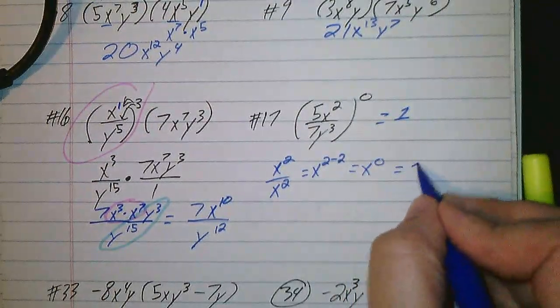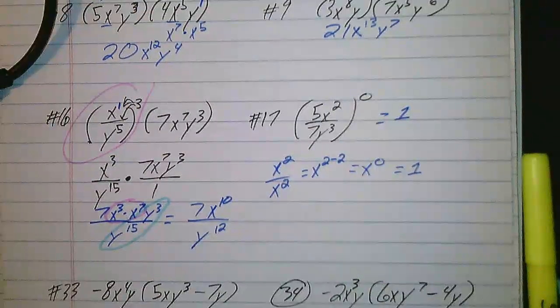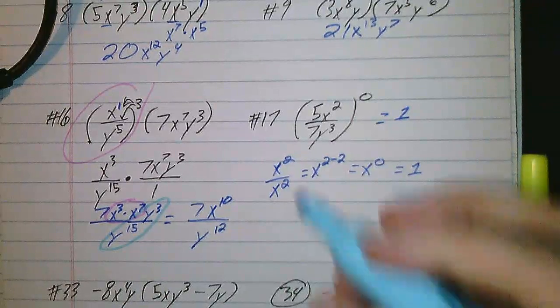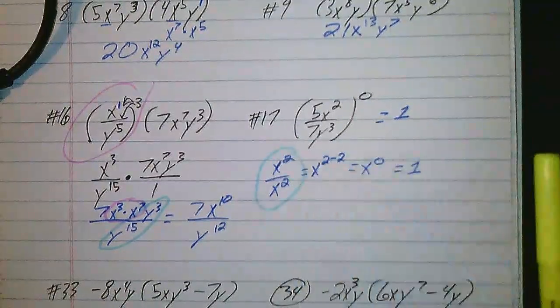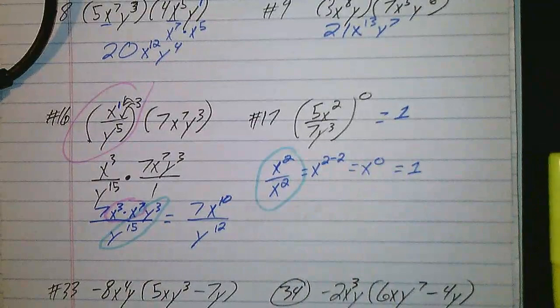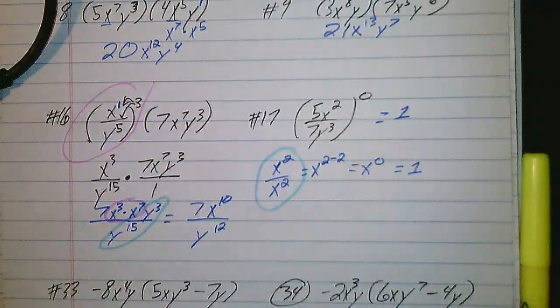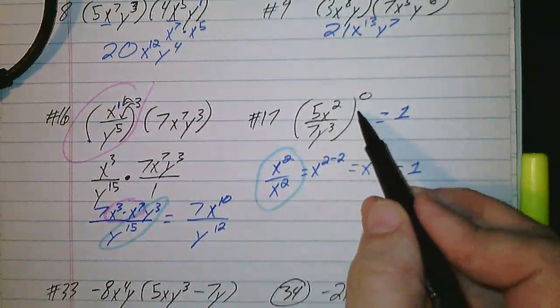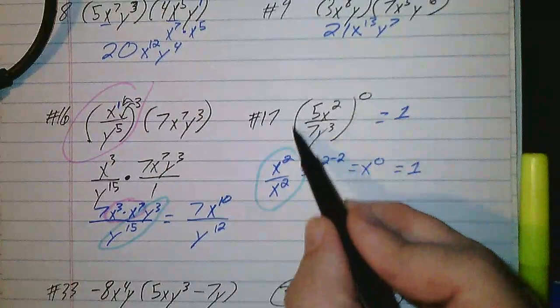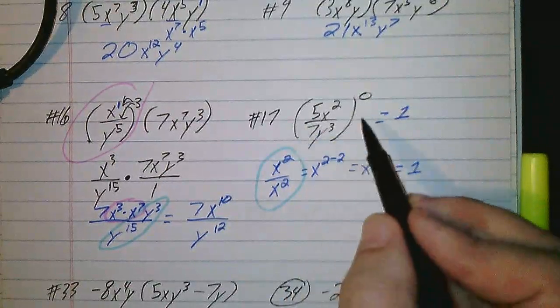Anything to the power of 0 is 1. And if we think about this at the beginning, we know that anything divided by itself is 1. So number 17 is just a zero exponent rule problem. And it's 1 because everything is in parentheses.